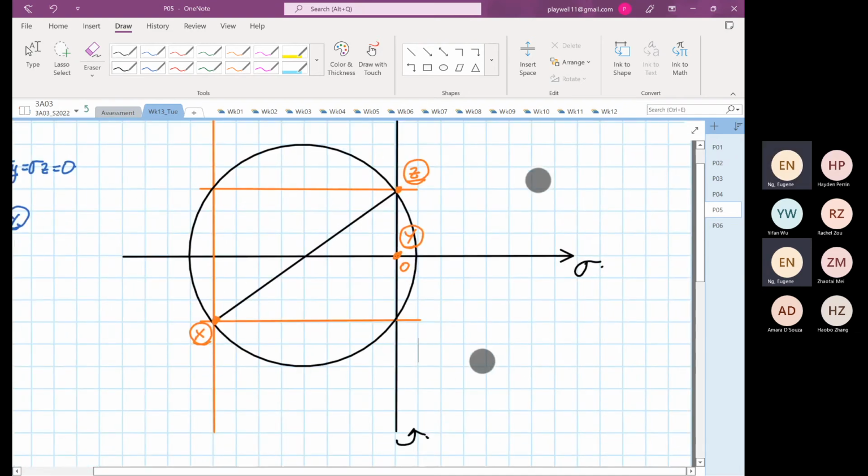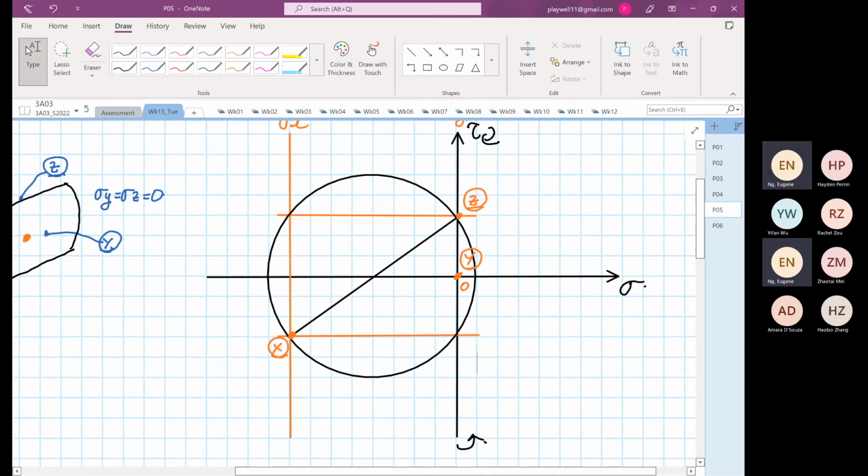And then the other circle, so we know that this is for our XZ plane. Okay, that is for our XZ plane.